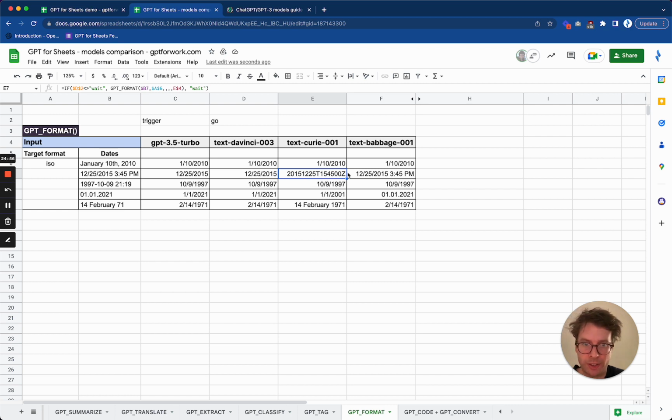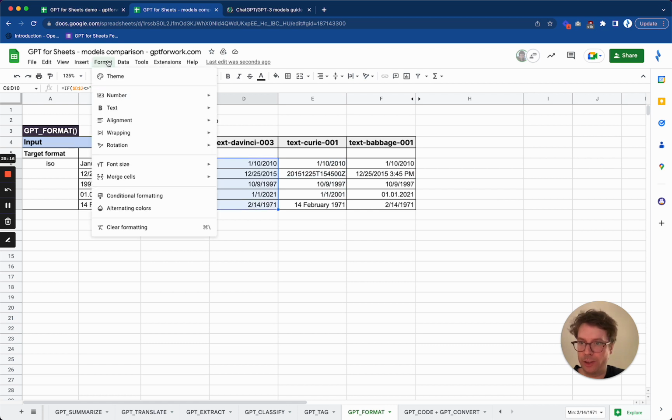So I wanted just a date, so it gave me a date time. So this is in a way incorrect. And Babbage actually did a better job, it found this one, but it did not understand this one. And also it didn't get this one. So as you can see, yeah, here these are real dates, right? I'll just show you.